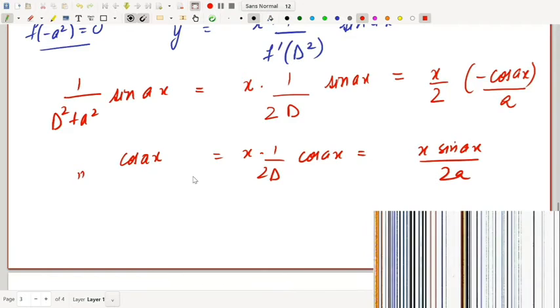Now a third form, if Q is of the form x raised to power m, then we will find the lowest degree term and put it outside.